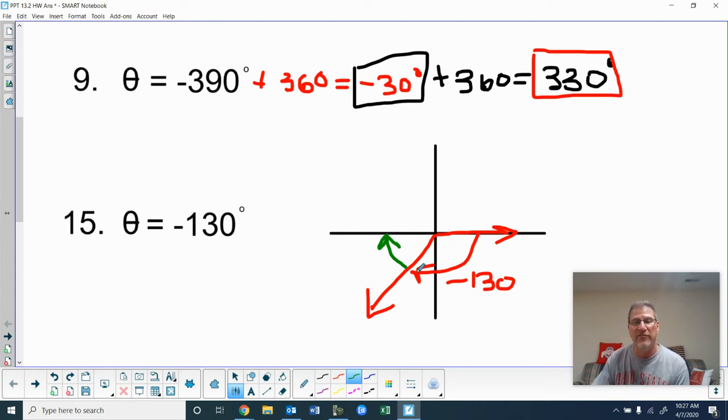So I want to find the difference between this side and this. Remember, that's 180 and that's 130. So basically I'm just going 180 minus 130. So I'm just going to make it look like a subtraction problem there. And our answer would be 50. So our reference angle is 50 degrees.